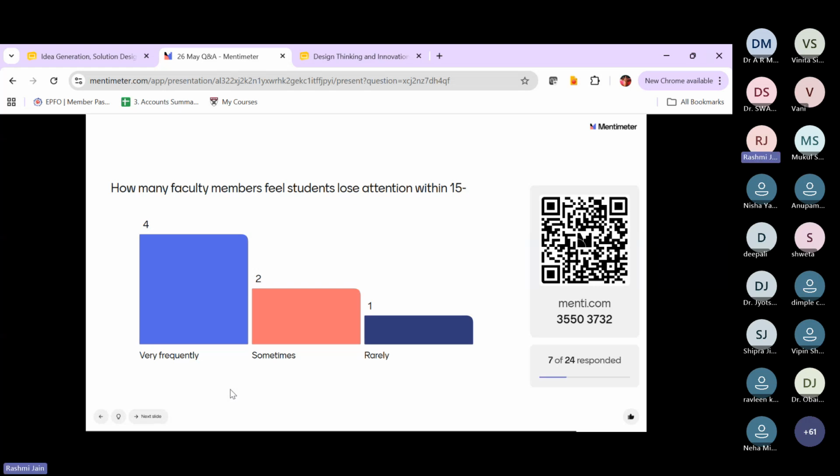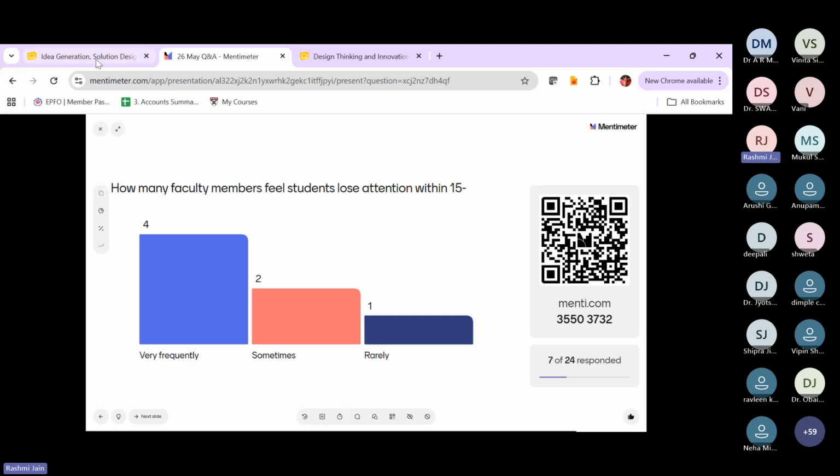Let's just give one more minute to this poll. Okay, let's close it. So the maximum responses we've got are very frequently and sometimes.